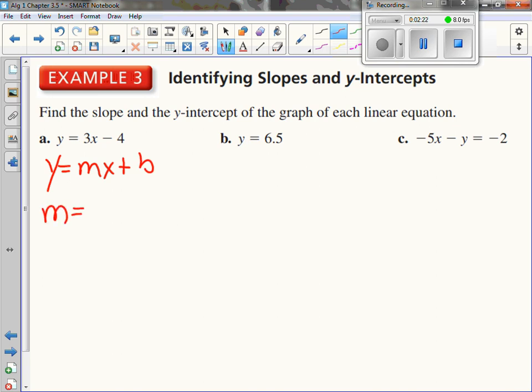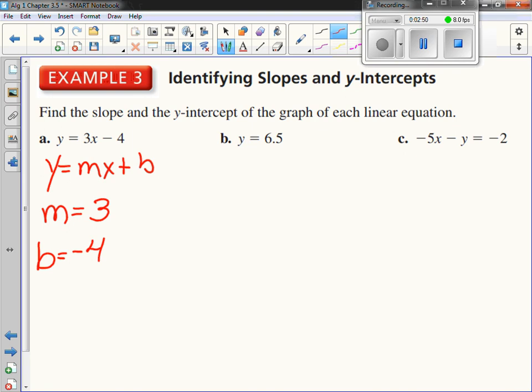So what number would be our value for m? It would be 3. So the slope of this equation is 3. Now, what would be the value of b? The value b would be negative 4, because that matches up.